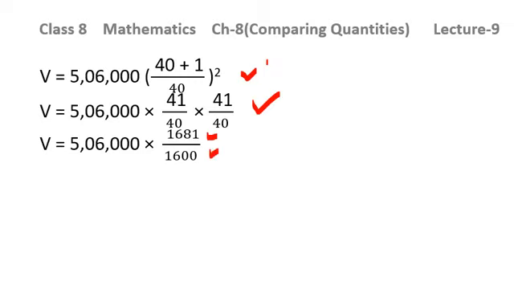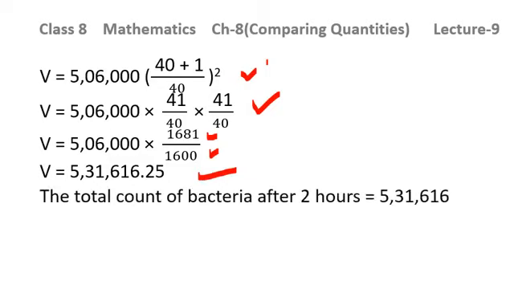So V is equal to 5,06,000 into 1,681 over 1,600. After solving, you will be getting the value of V as 5,31,616.25.